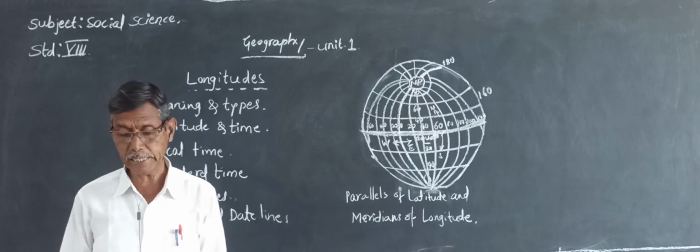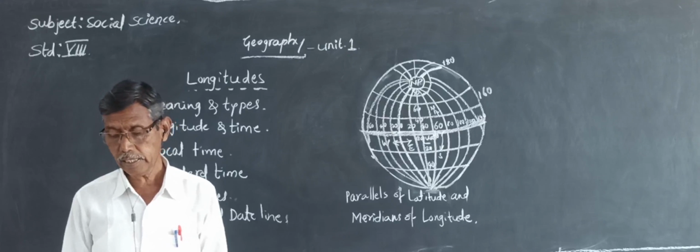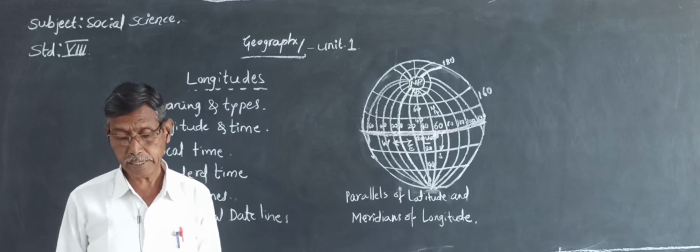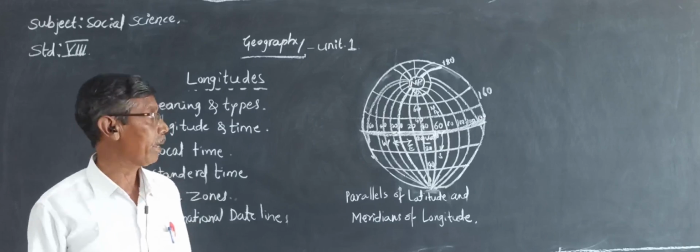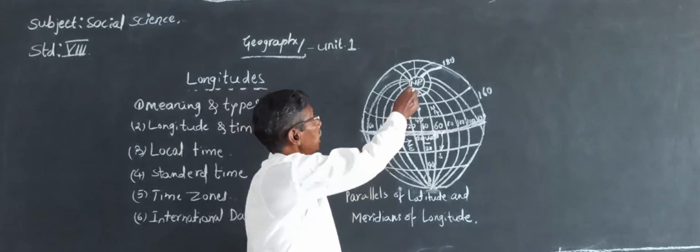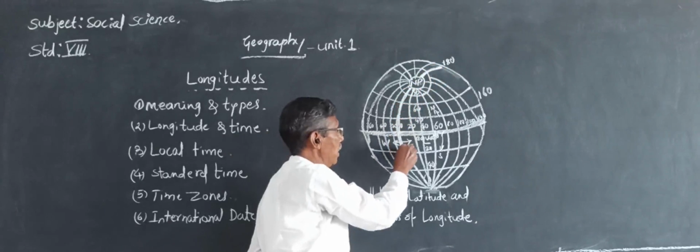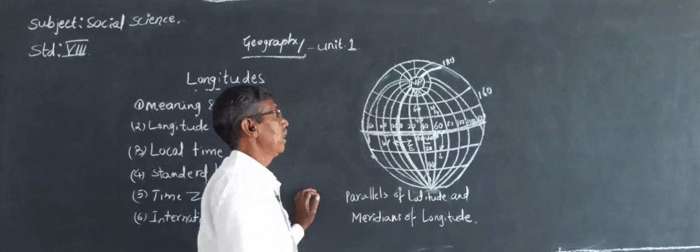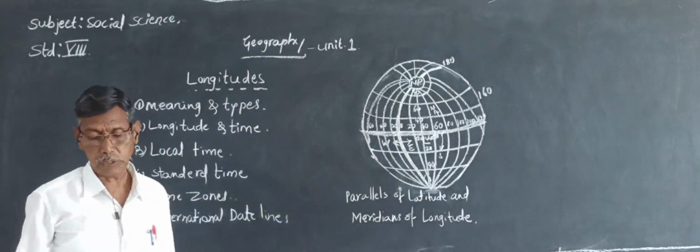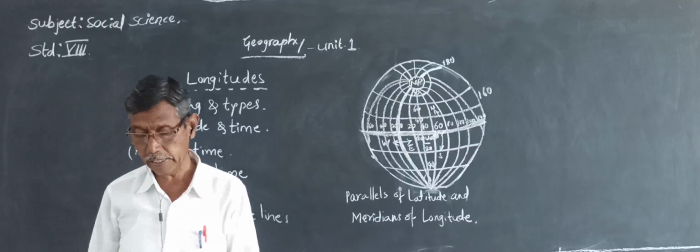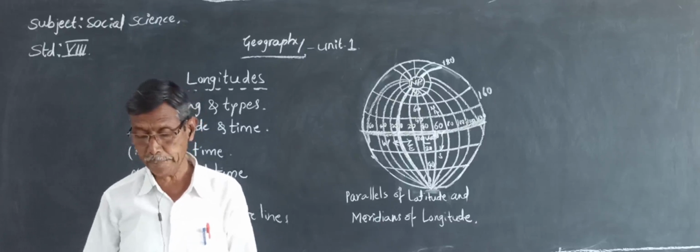The meridian passing through the Greenwich area has been chosen as the prime meridian. It is the Greenwich meridian.